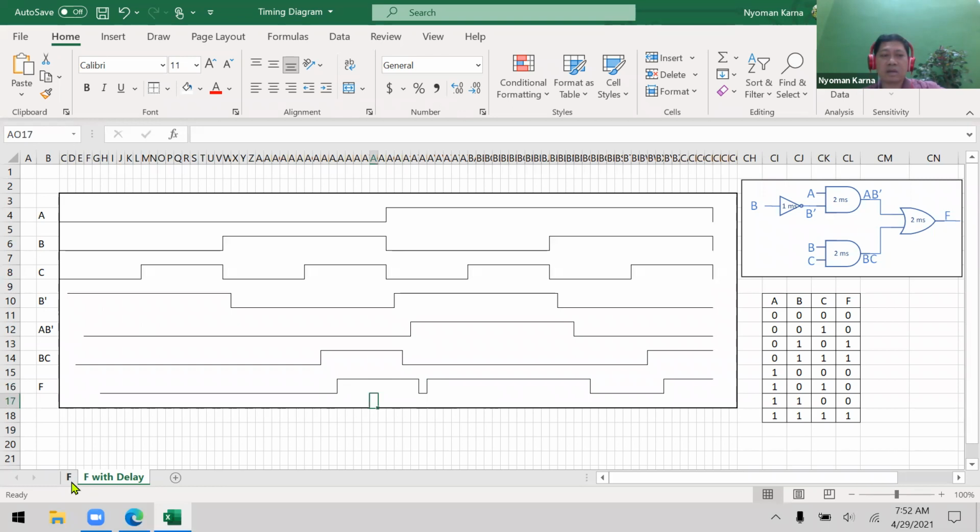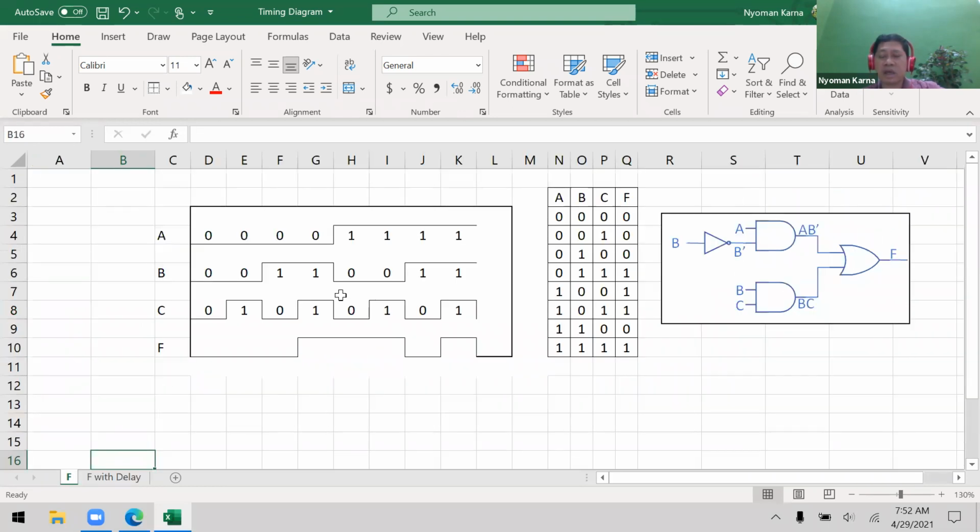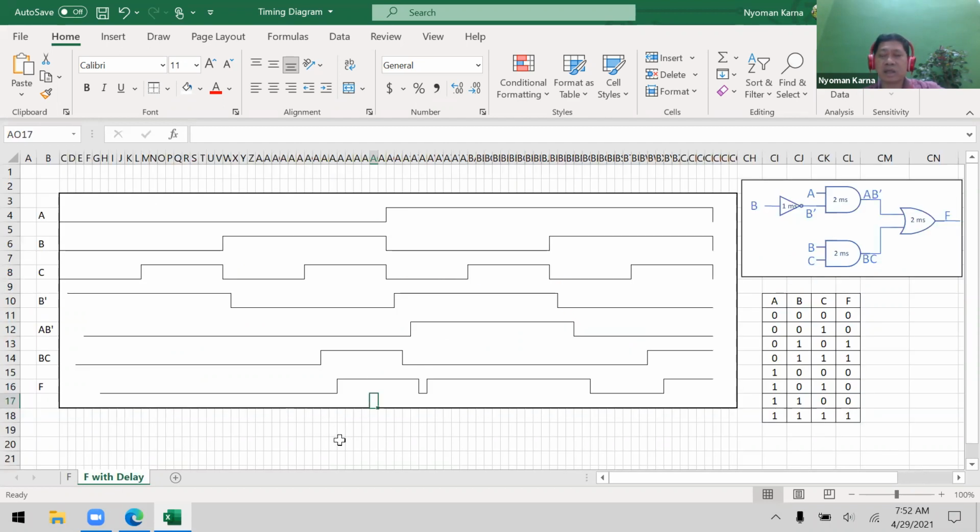So if this one is the ideal circuit, there will be 1, 1, 1, but this is not an ideal circuit because there is a delay. So it will not be a flat 1, but supposed to be 1, 1, and 1, there is a glitch in here, 0.